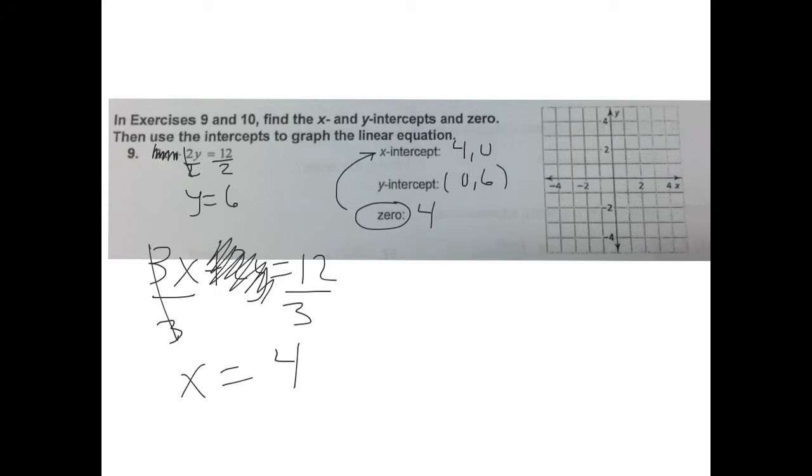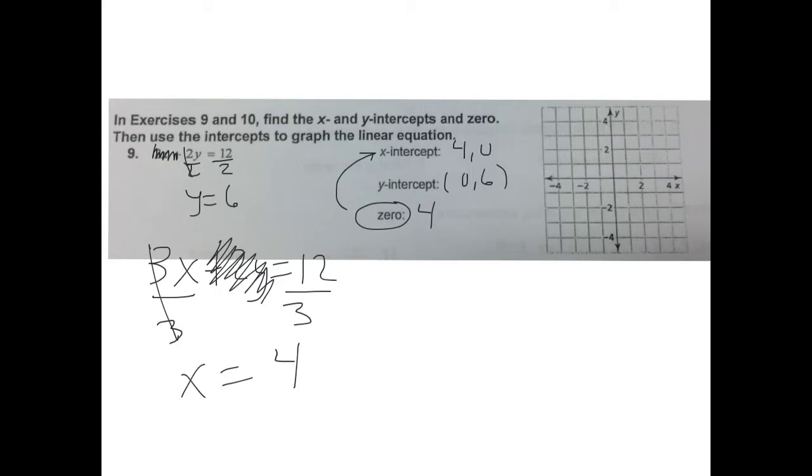So you divide both sides by 3, and 12 divided by 3 is 4, so my x-intercept is 4, 0. To do the y, you do the same thing, except you cover up the x. It says 2y equals 12, so you divide both sides by 2, and y equals 6. So the y-intercept would be 0, 6. The 0 is another name for the x-intercept, so our 0 is 4.